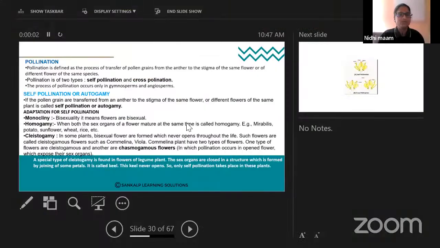Okay. So here, self-pollination or autogamy. So to achieve this, some of the plants only pollinate by the self-pollination.